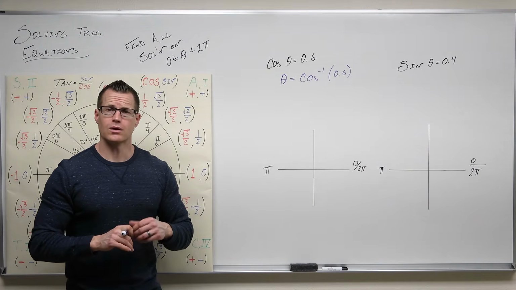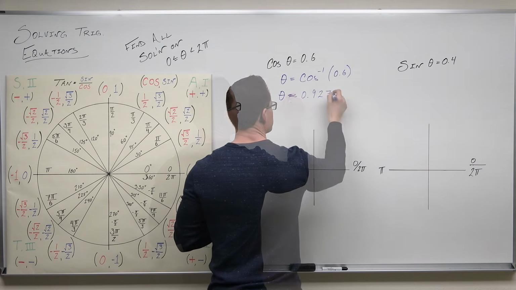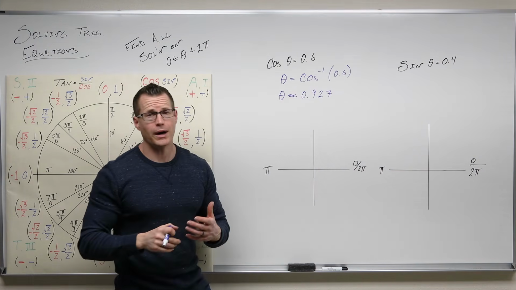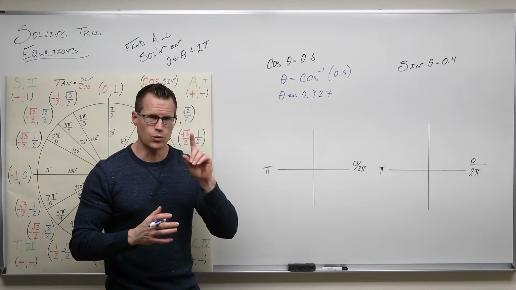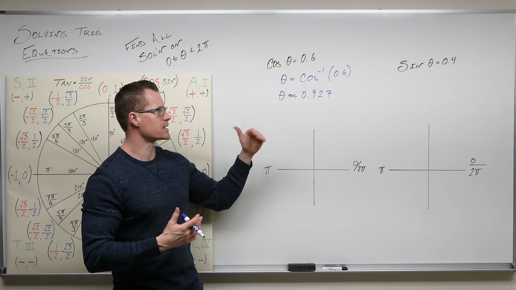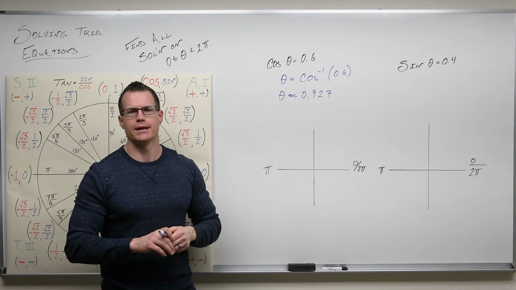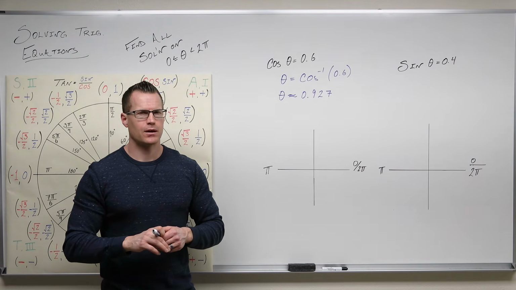Now, your calculator will give this to you. But you must remember that inverse functions only give you one solution out. They have to. So cosine inverse of 0.6 is going to give you around 0.927. And you go, great, I'm done. Not really.